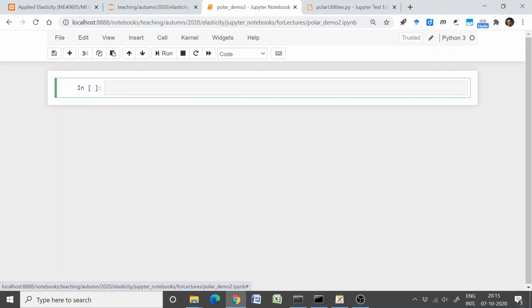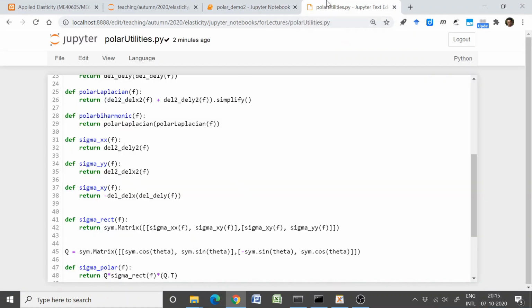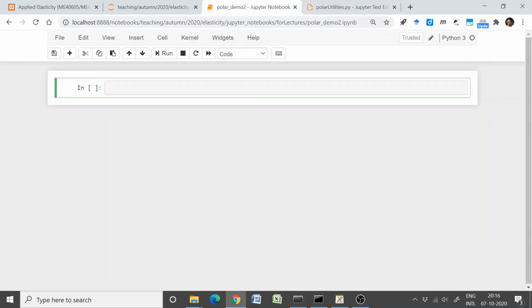However, I am going to import this Polar utilities, just like the general way that packages are imported. So from Polar utilities I'm going to import everything.